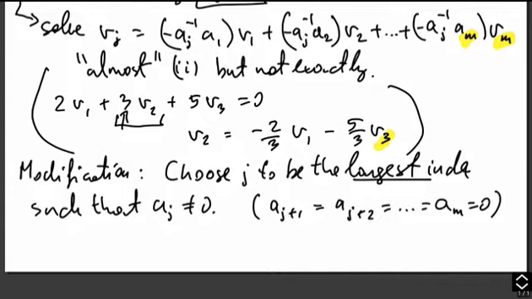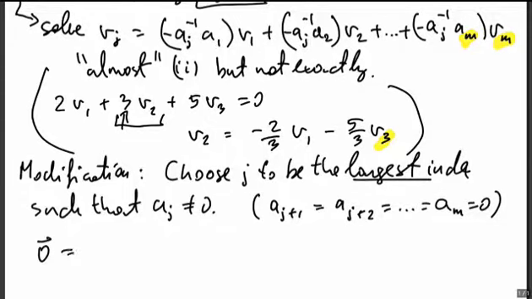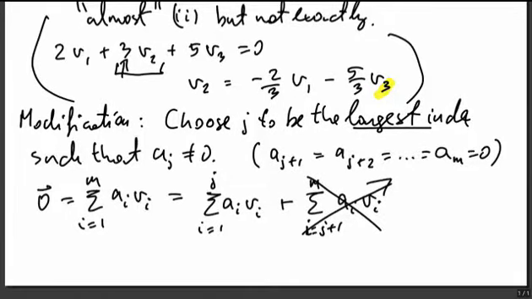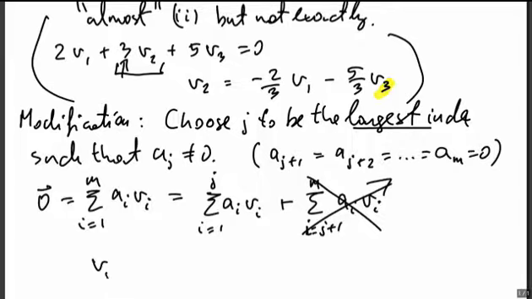So from the linear dependence, we have this 0 vector as a linear combination of all the vectors, but then only the combination from 1 to j matters, because the others, from i equals j plus 1 to m, are all zeros. So this part is 0. It doesn't matter.